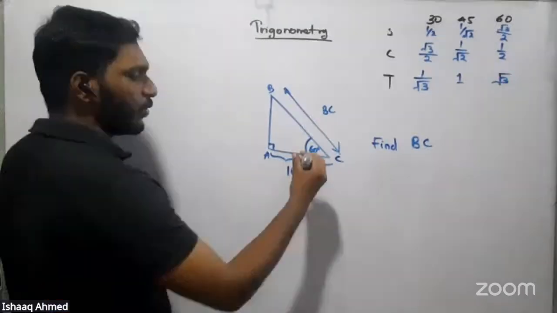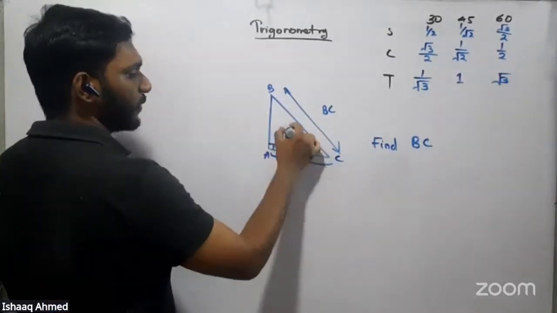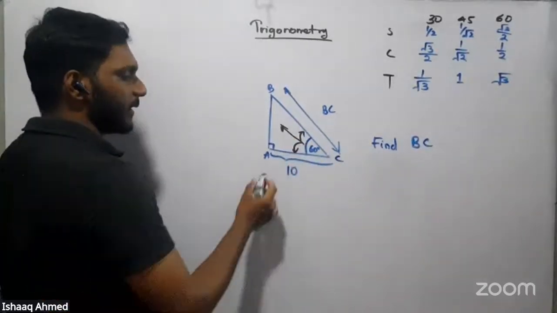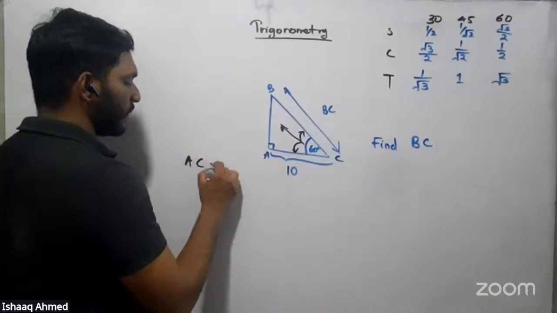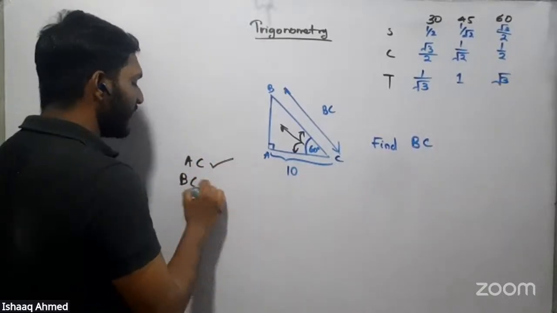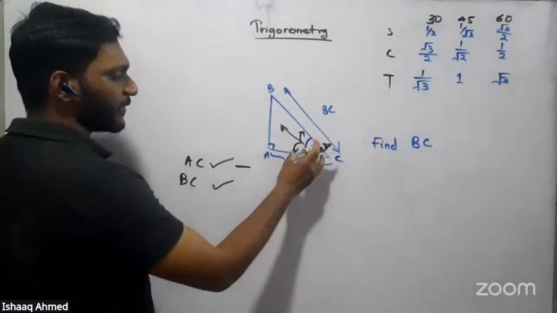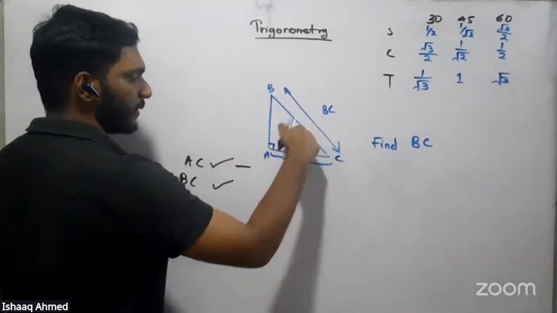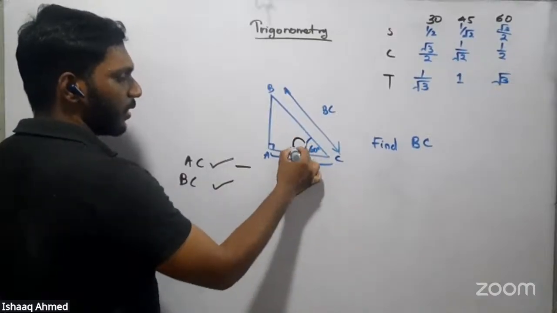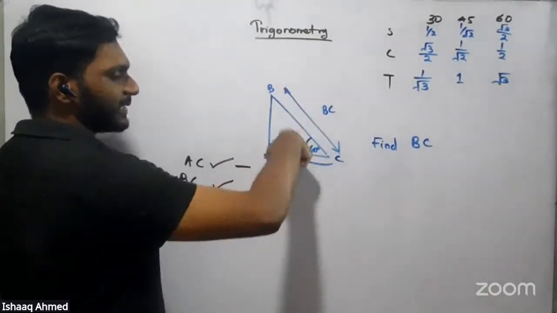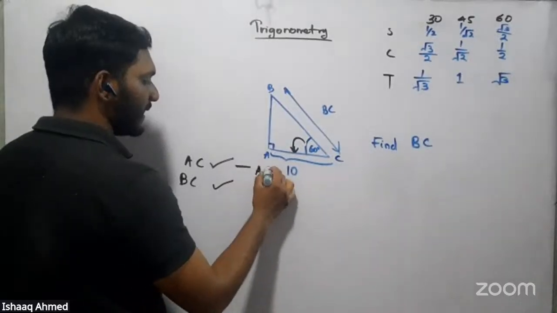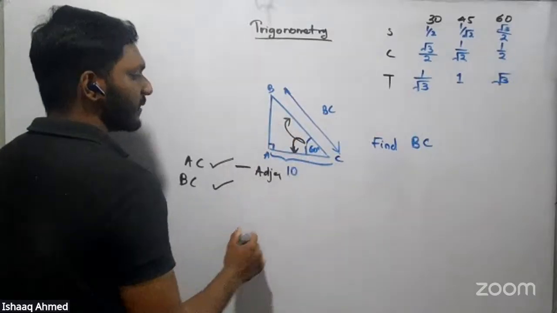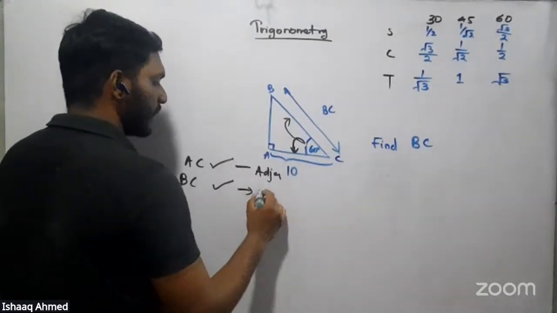So how to find? You look from 60 and tell me what are the two things. They have given AC. They are asking BC. For 60, AC is adjacent.